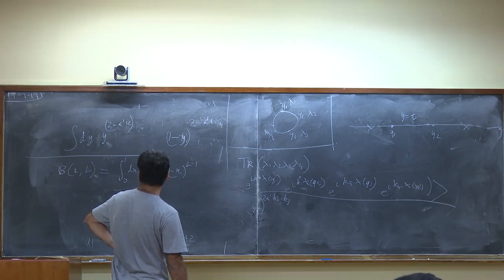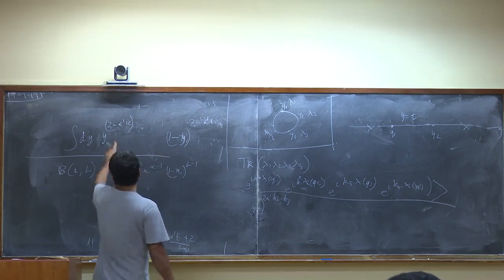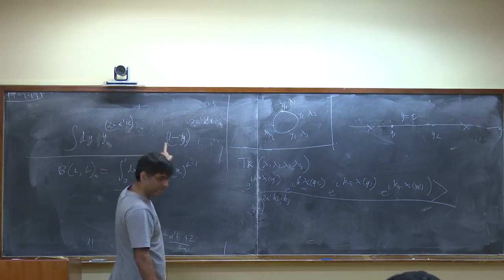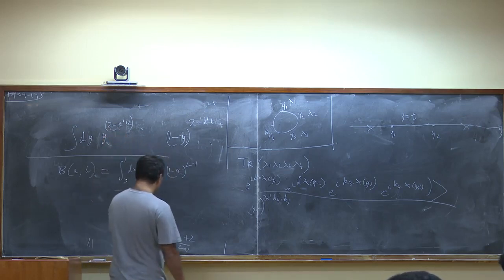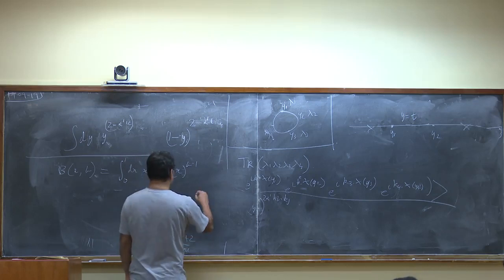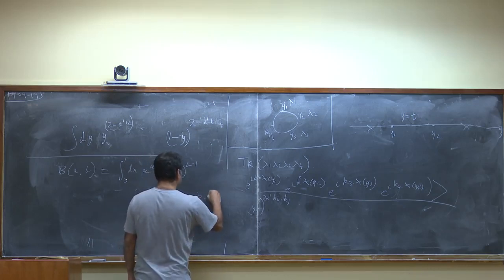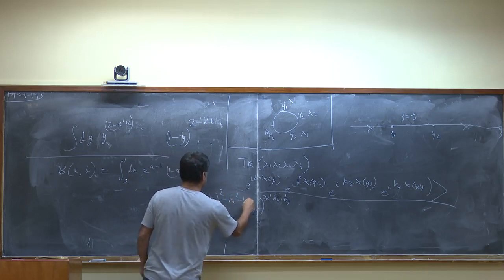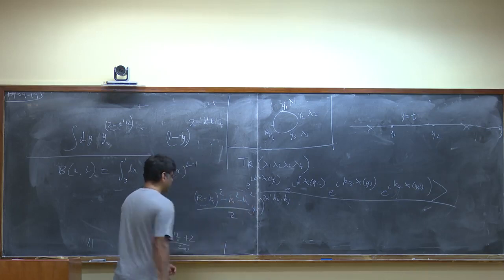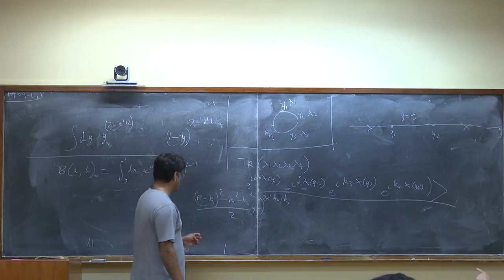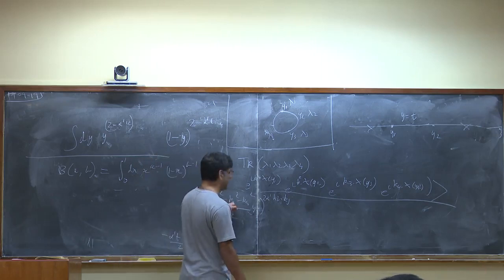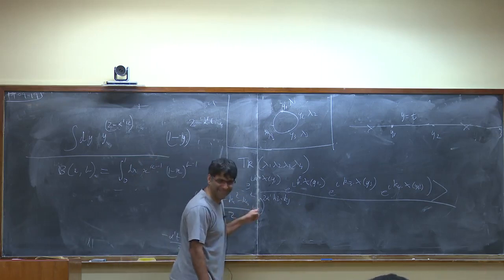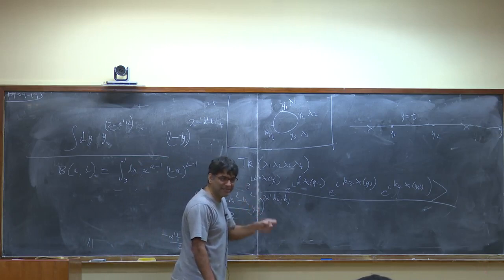Where? You're saying I got the relative sign wrong? Let me check. Let's see. We got k1 plus k4 squared minus k1 squared minus k4 squared by 2. K1 squared is positive because it's minus of mass, but the mass is negative.